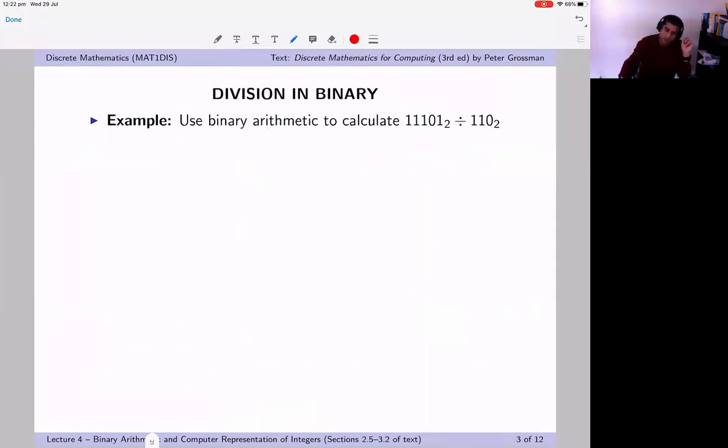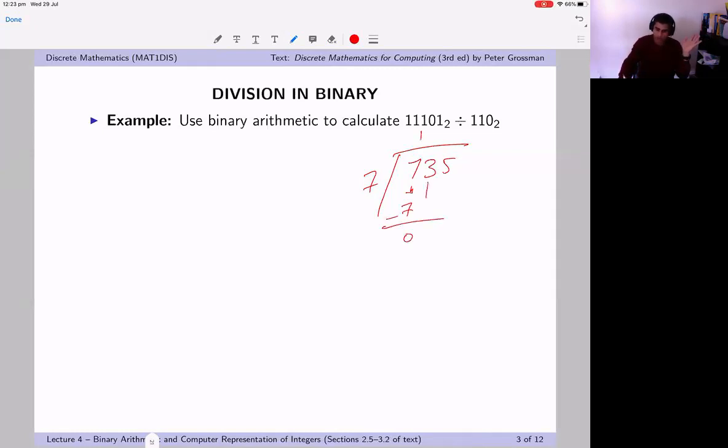For example, if I ask you to divide 735 by 7, how would you do that? We would divide the first digit by 7. So 1 times 7, subtract, is 0.